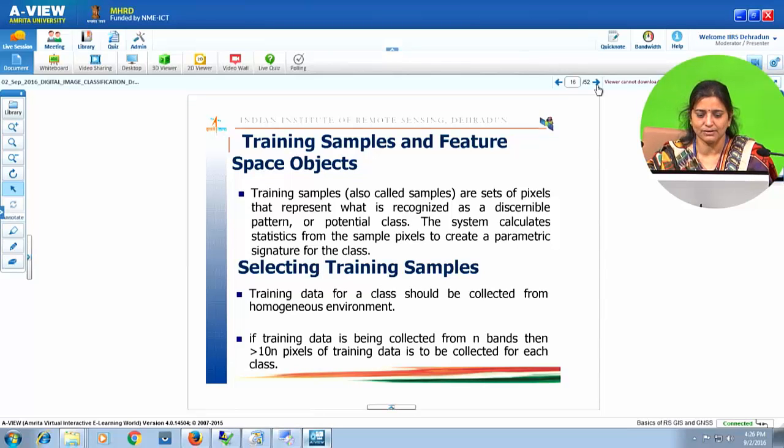The system calculates statistics from the sample pixels to create a parametric signature for the class. The training samples for a particular class should be collected from a homogeneous environment. If the training data is being collected from n bands, then more than 10n pixels of training data are to be collected for each class.